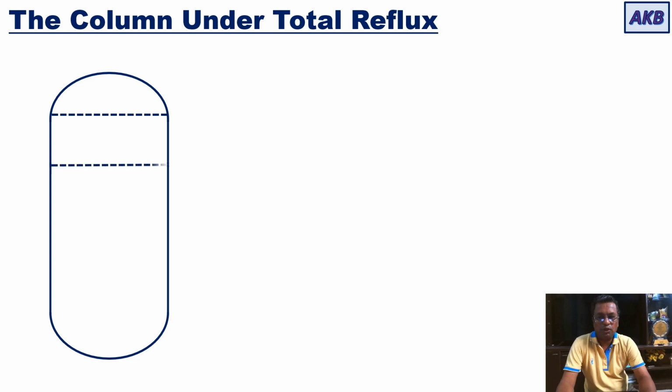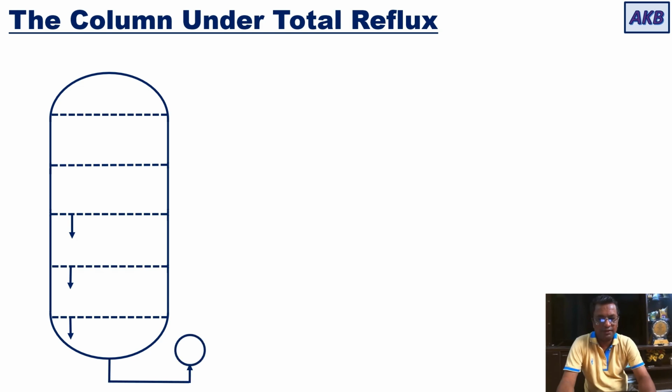So you have the column and the trays in it. Feed is given to the column and then it is stopped. Enough feed is given to the column. Then all of the liquid is boiled in the reboiler. And the resulting vapors are admitted into the column at the bottom.